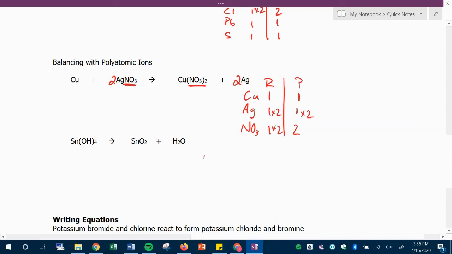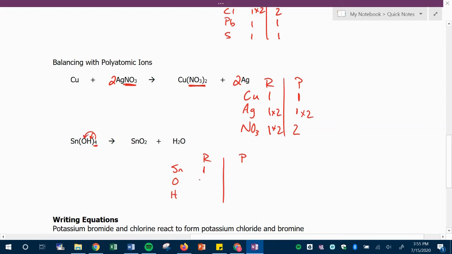So now, as we make our reactants and products balancing chart, we have Sn, we have O, and we have H. Now for the Sn, to start off on the reactant side, that's a 1. Now, as we're looking at our other reactants, this 4 means that it's multiplying the hydrogen by 4 and the oxygen by 4.